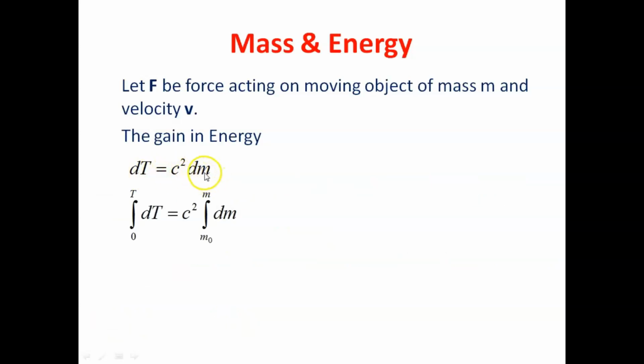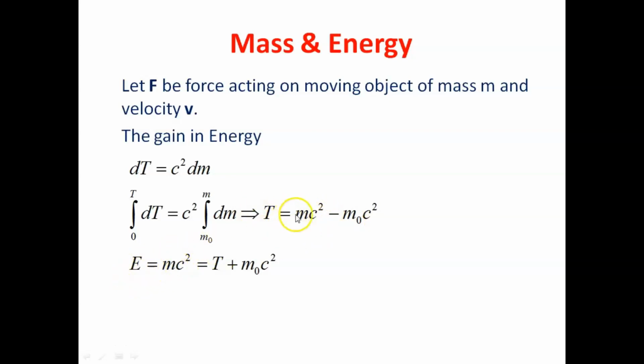Integrating this equation over limits 0 to capital T, the mass will grow from m0 to the higher mass m. Integrating dT will give T upper limit minus lower limit, T minus 0, which is T. Then integration of dm will be m upper limit minus lower limit. We have m c square minus m0 c square. So energy E is equal to m c square. We are just rearranging this equation.